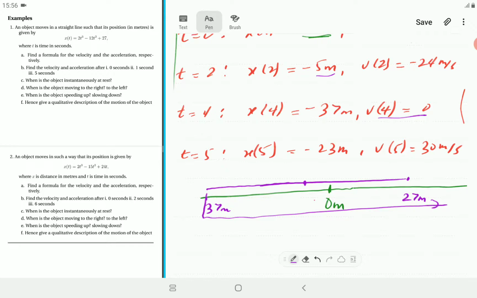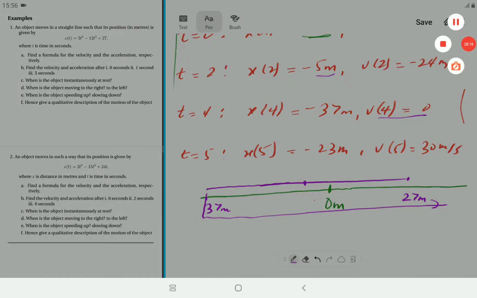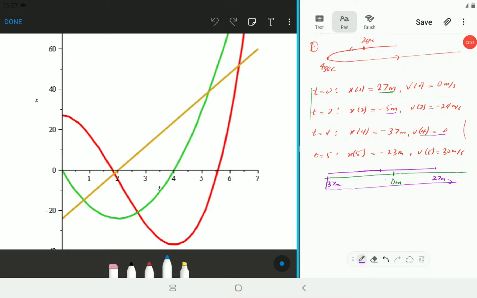I'm just going to show you now a diagram showing the displacement graph, the velocity graph, and the acceleration graph. The red graph here is the displacement, and on the vertical we've got our x. This is to the right and this is to the left of the origin.